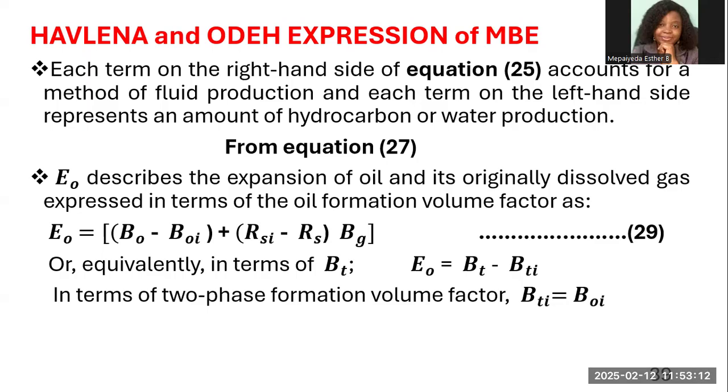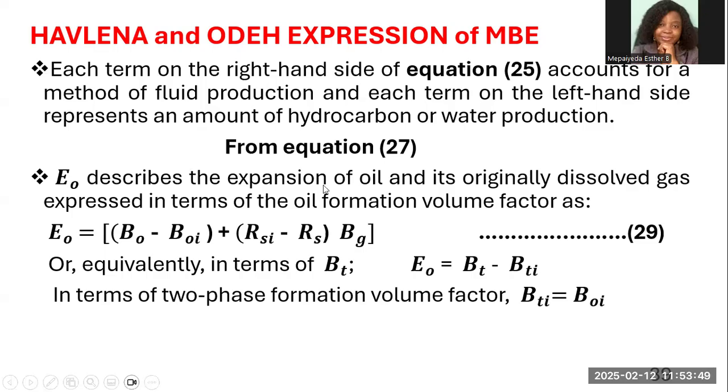So hydrocarbon is your oil, remember, your Np Bo, Wp Bw, and also your gas, so you have your Np into Rp minus Rs Bg. You have all that on your left hand side, and the ones on your right hand side account for the method of production. That's the energy. So I believe you can connect all the classes now from the energy drives to your material balance, and then we are coming down to the Havlena and Odeh expression.